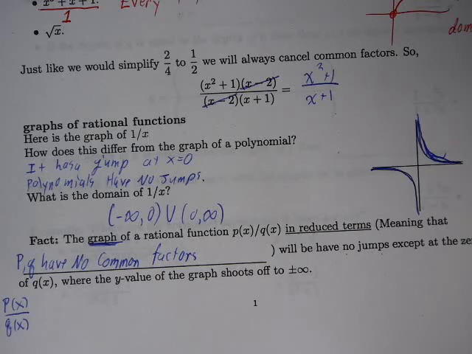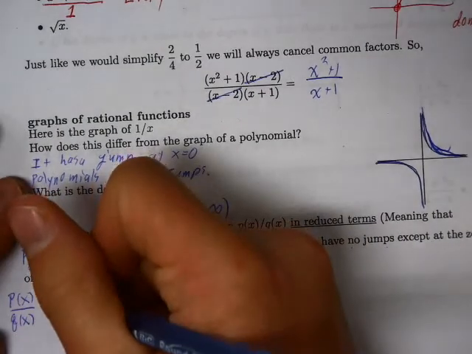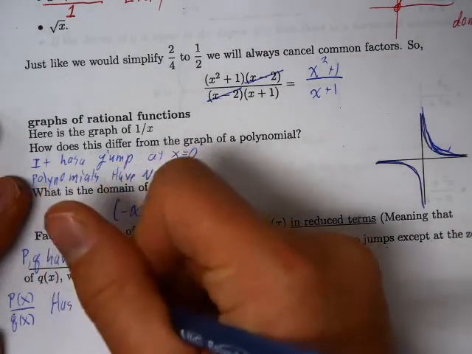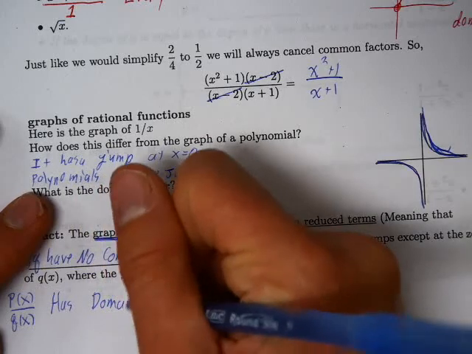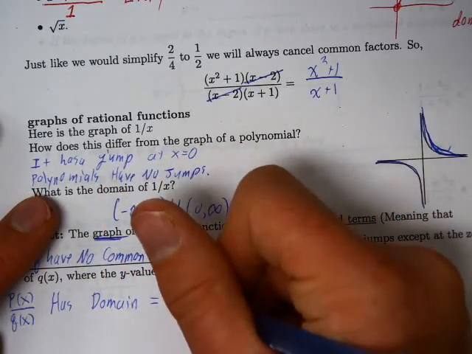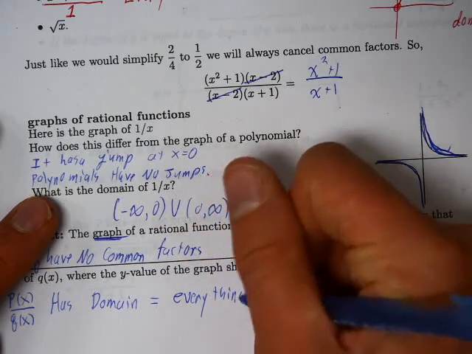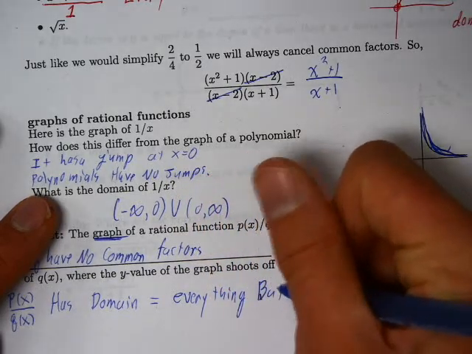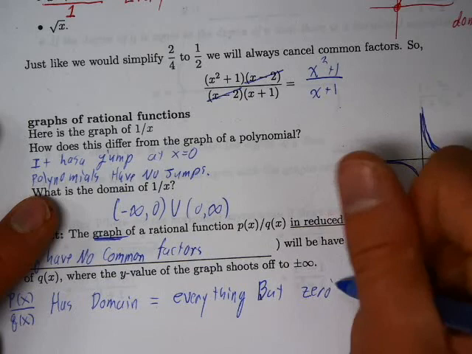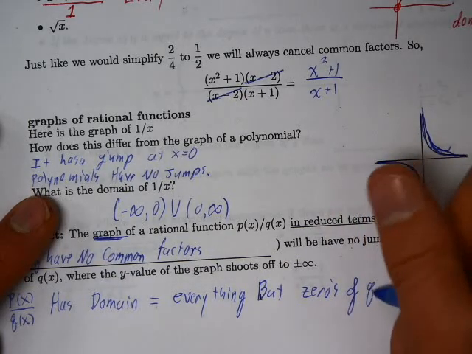So you can plug anything into p, you can plug anything into q. But there's some division going on. What's something I can't divide by? 0. 0, good. That's the only bad thing that can happen. So this has domain equal to everything but zeros of q of x.